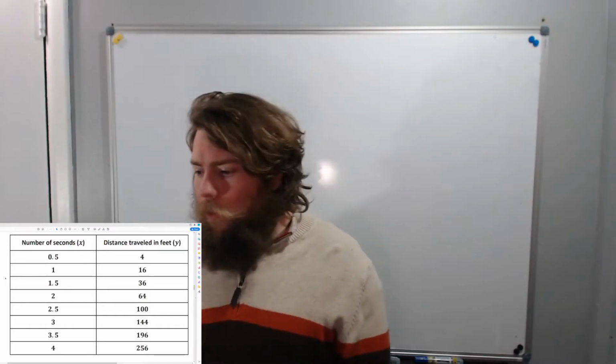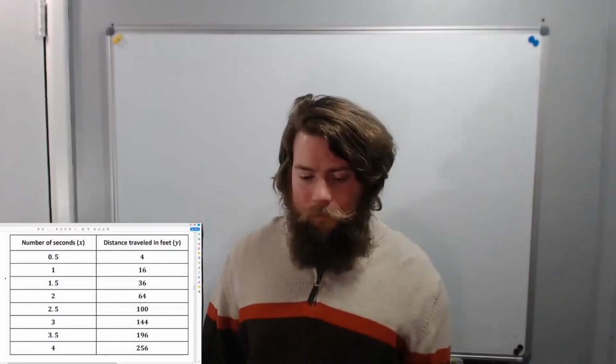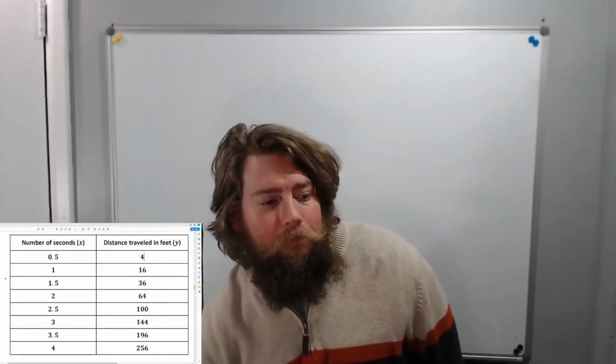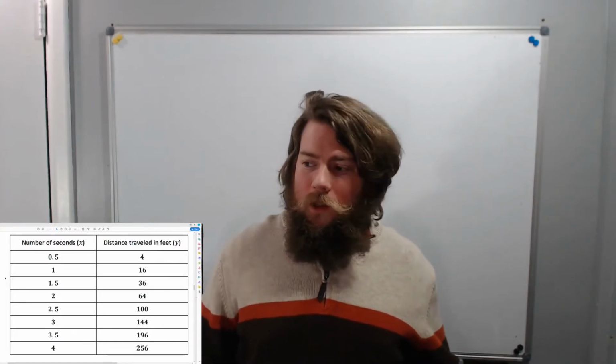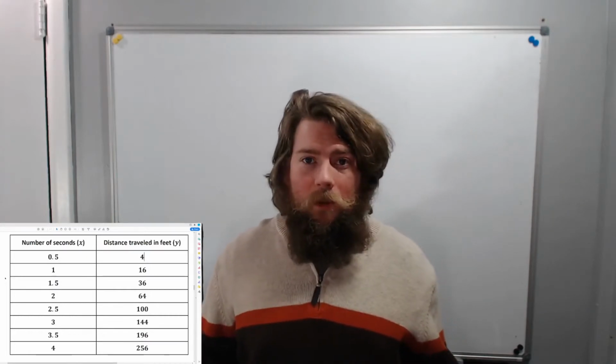Number 2 asks, what is a prediction that would require more information? Well, since we don't have a constant speed or constant rate, or if we're graphing it, a constant slope, we can only make predictions based on the numbers the table gave us, okay?